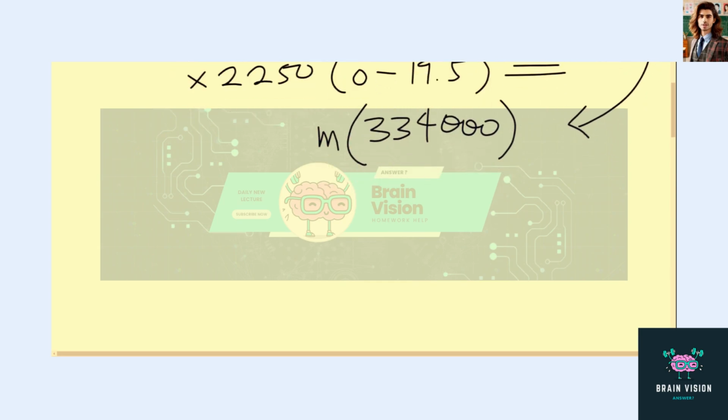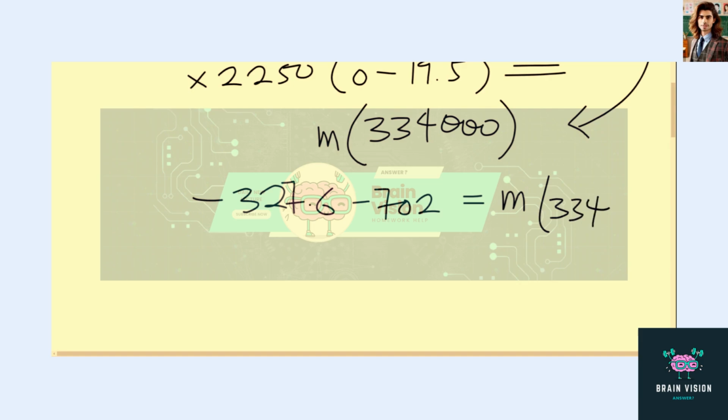Now since heat is lost from the system, that is, heat is lost from the glass vial and the sample to the ice, we're going to have negative 327.6 minus 700.02, which is equal to the mass of the melted ice times 334,000.